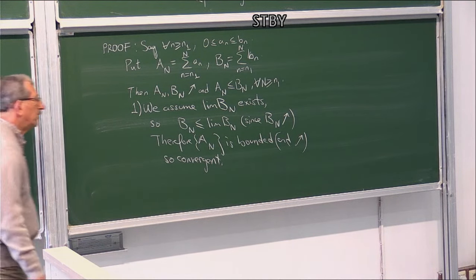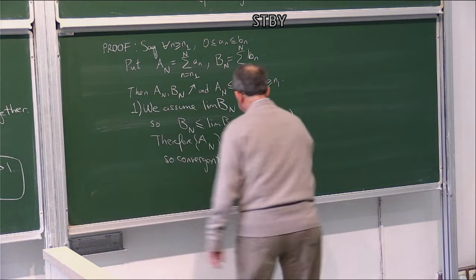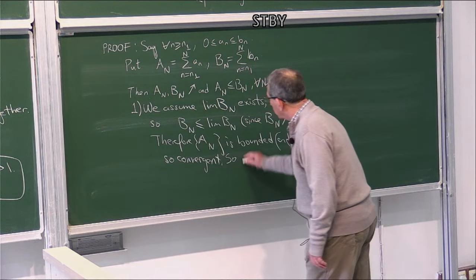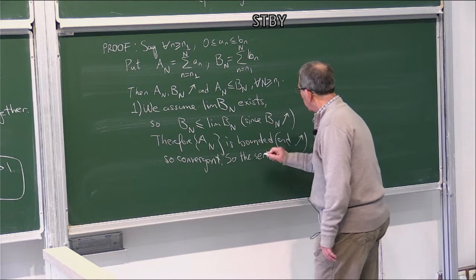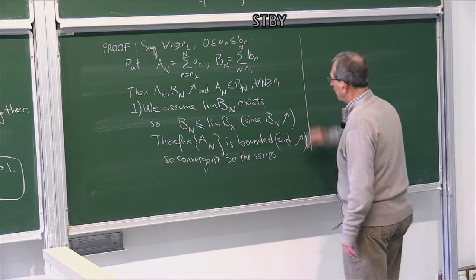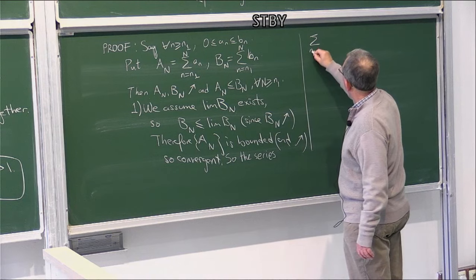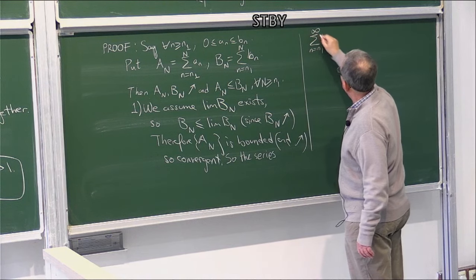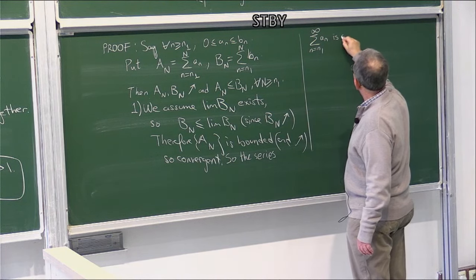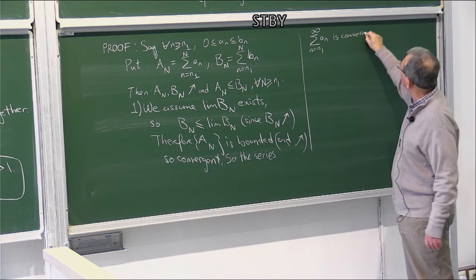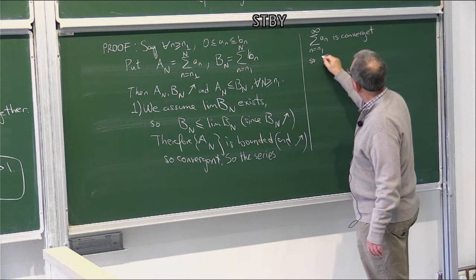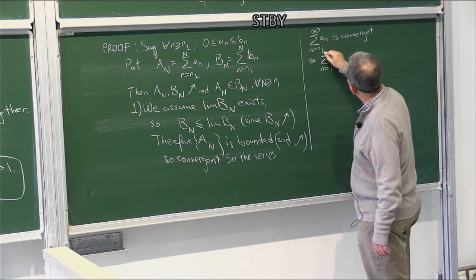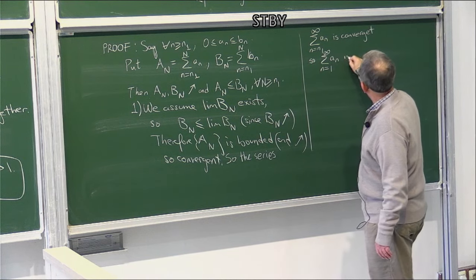Well, this means that the series from n1 is convergent, and so the series from 1 to infinity is also convergent.